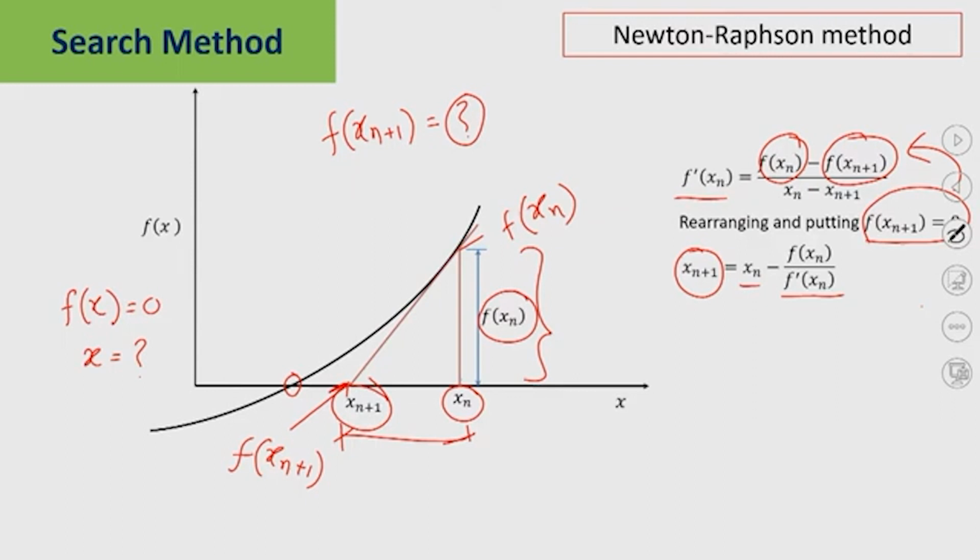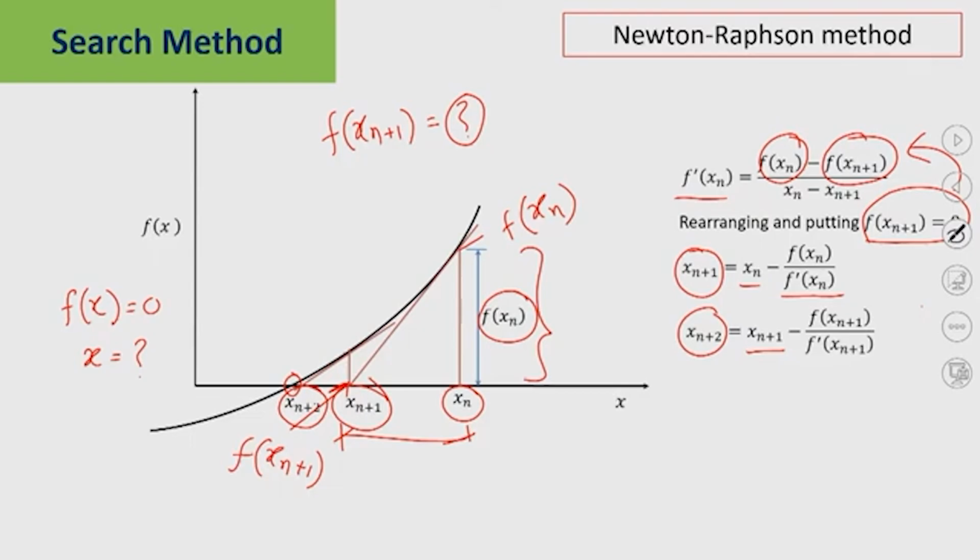Then I will calculate the next value, that is x n plus 2. I will draw a tangent, and this is the value of x n plus 2. So, x n plus 2 equals x n plus 1 minus f of x n plus 1 divided by the derivative at x n plus 1.